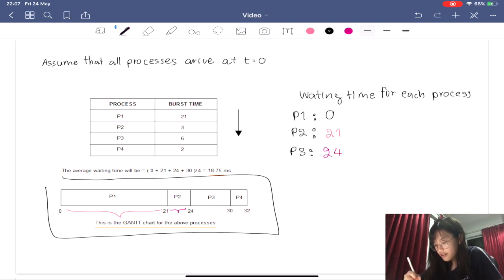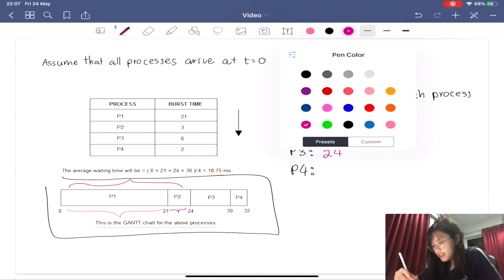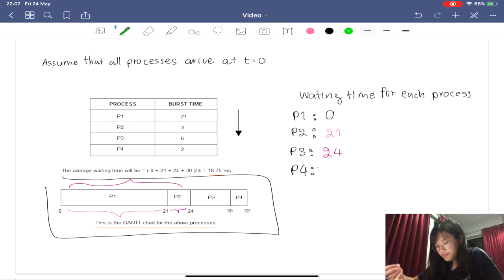And P4 needs, let's see, you can calculate from the green color here, to be 30. Or you can add the sum of P1, P2 and P3 times, so you can get the waiting time for P4.